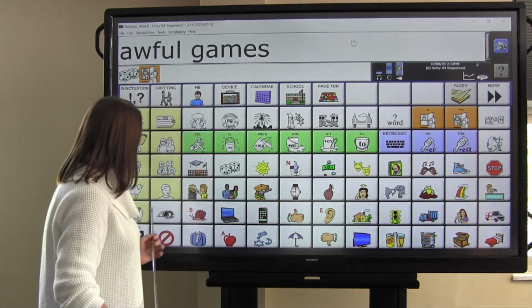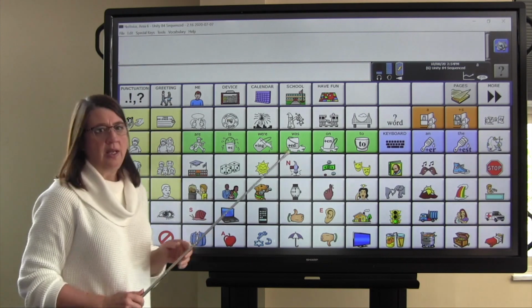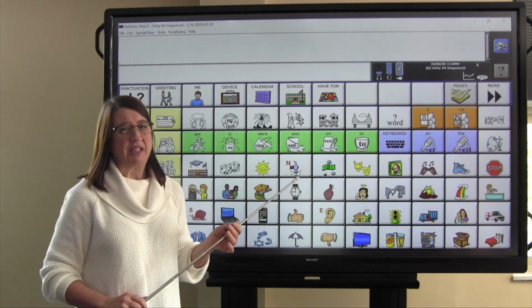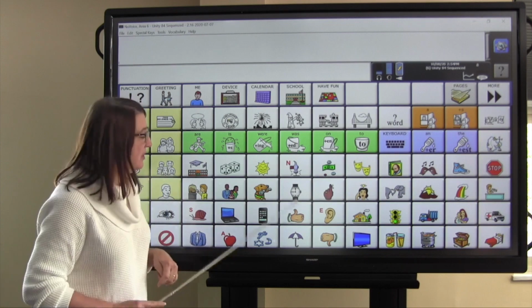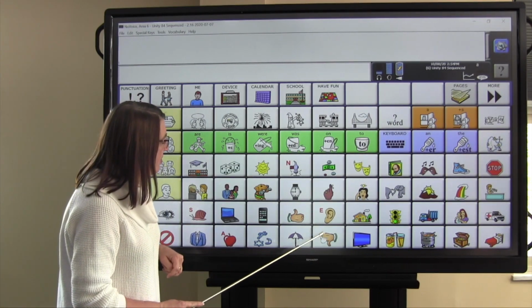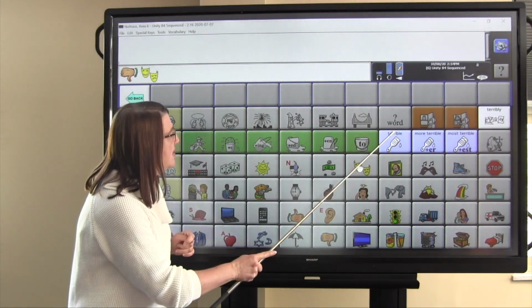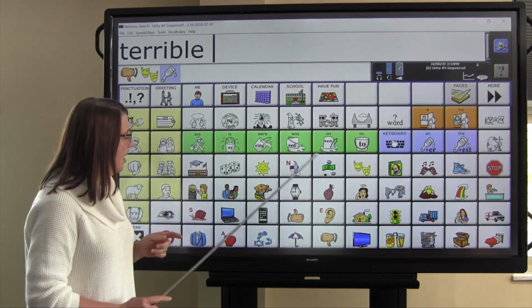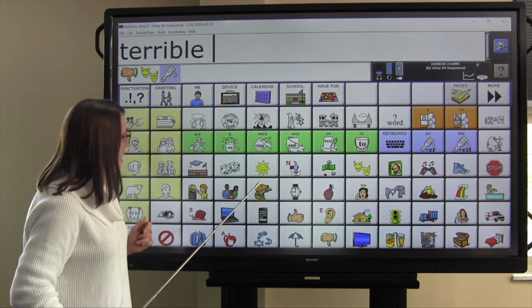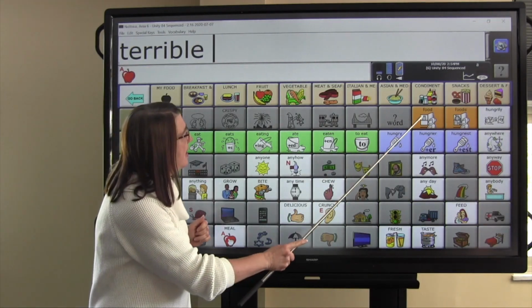Games. Awful games. We might have just had some terrible food that we've eaten, right? Thumbs down plus the masks gives us terrible. Terrible.